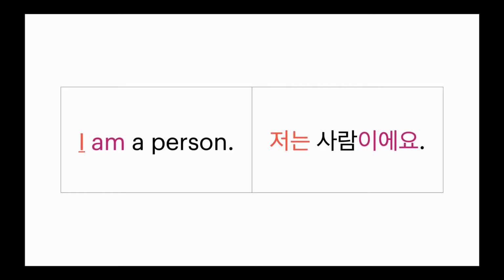So let's start with the country, 미국. 미국 is America. I picked America simply because I am from America. So 미국 being America and 사람 being person, what do you think is 미국 사람? America person.